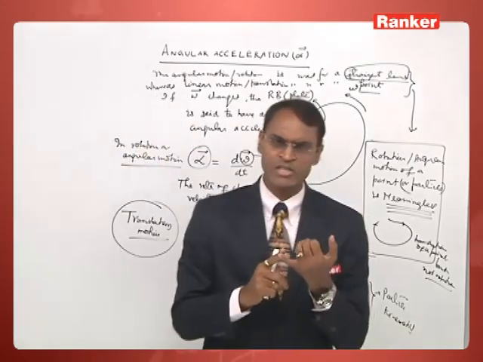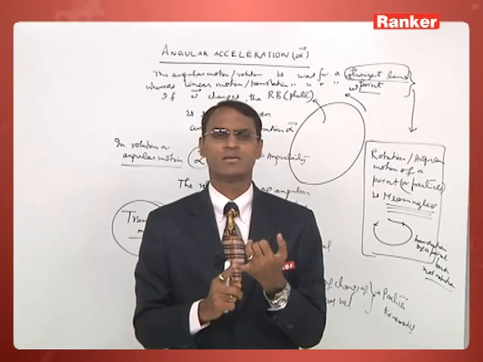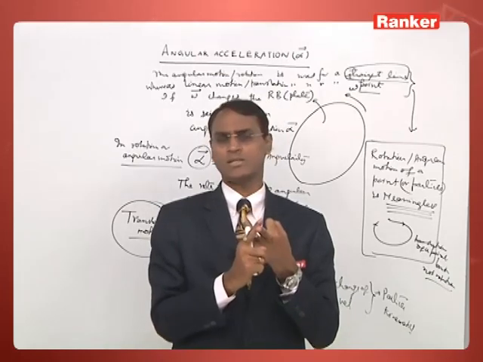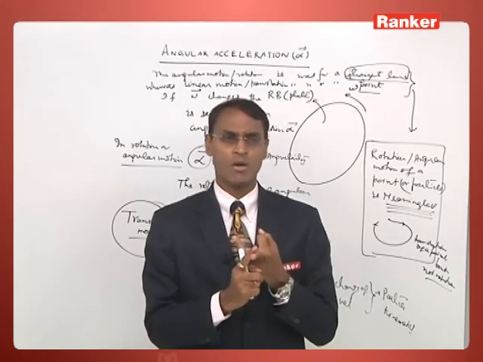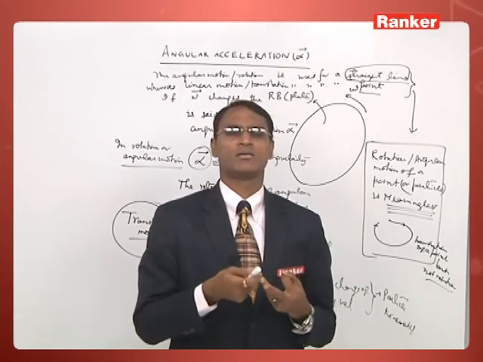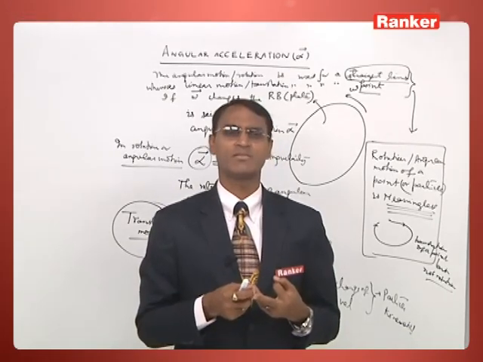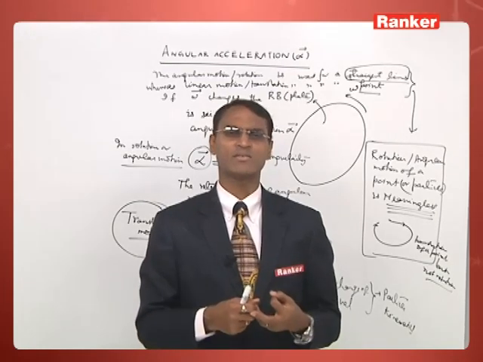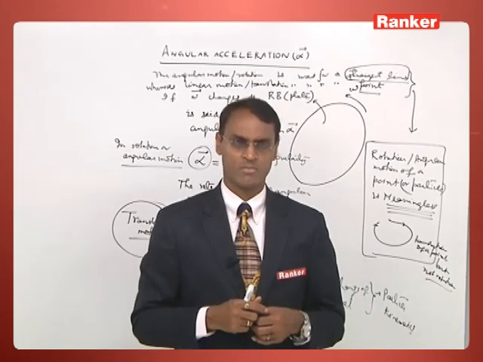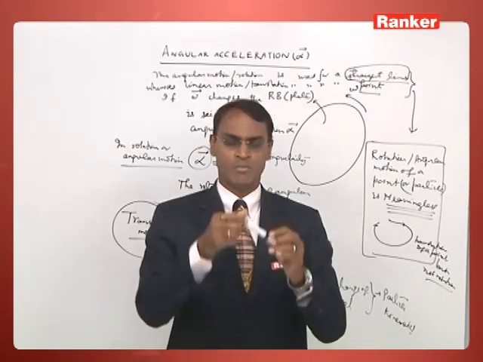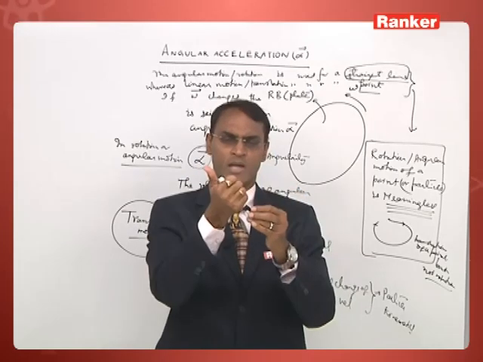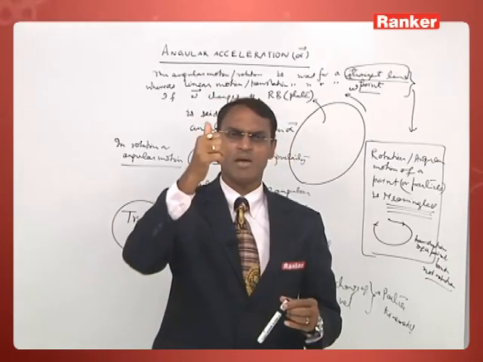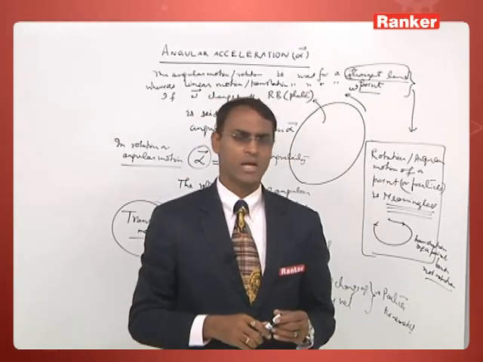The magnitude portion of the angular velocity, that is the angular speed, or the direction portion of the angular velocity, that may be clockwise or anticlockwise or plus k cap or minus k cap, or plus i cap or minus i cap, or plus j cap or minus j cap, or a combination of all arbitrarily. When the body rotates, it has some angular velocity. When it rotates like this, it is angular velocity. It is governed by the right hand thumb rule, as I discussed in the last class.